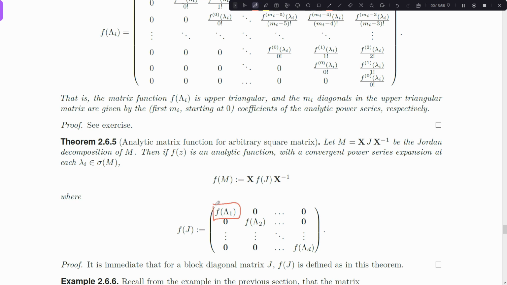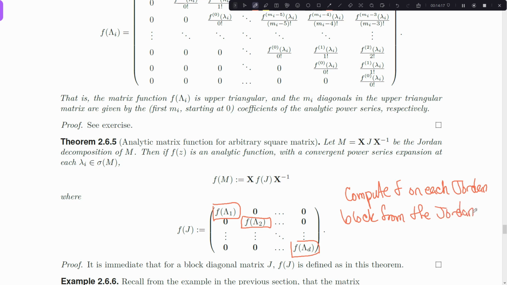If we compute f on each of the Jordan blocks from the Jordan decomposition, we can recover f of J, but actually that gives us f of any matrix.